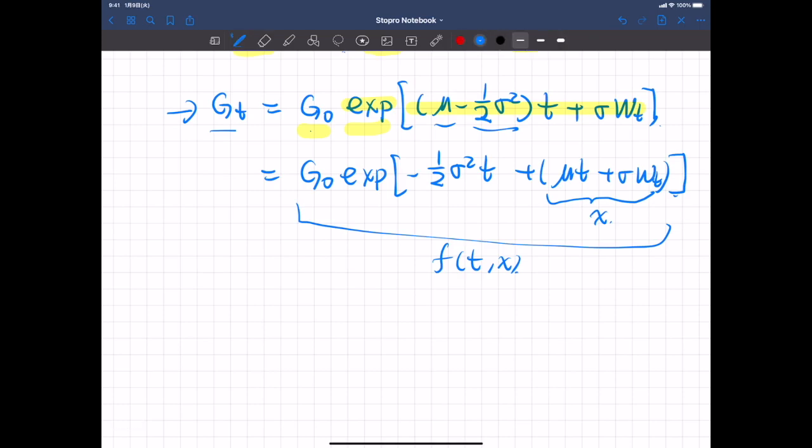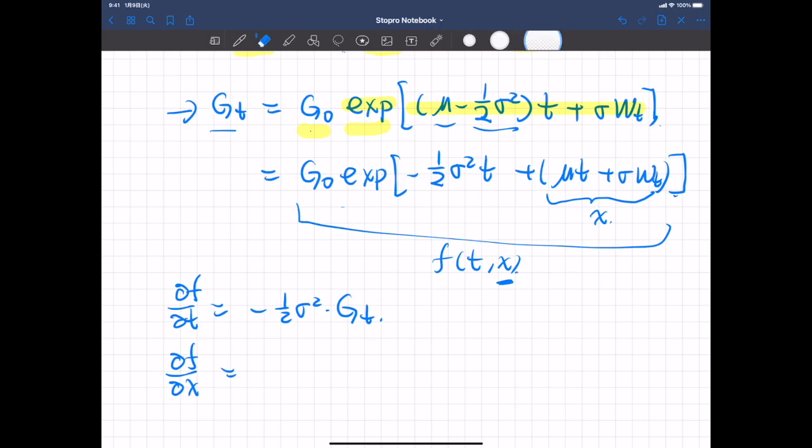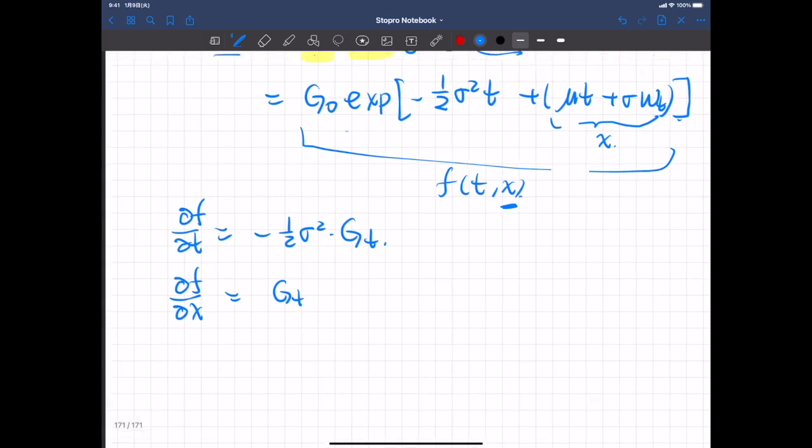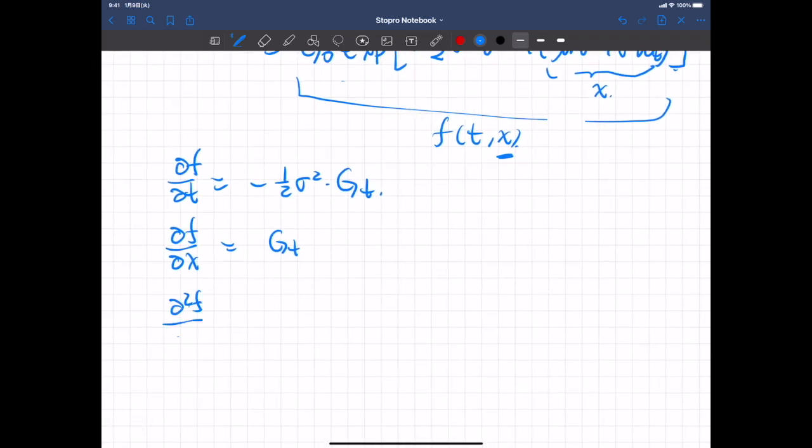If we differentiate f with respect to t, we have this exponential function, so negative 1/2 sigma squared times Gt. If we differentiate with respect to x, it's just an exponential function with no coefficient in x, so it's just Gt. And of course, the second derivative with respect to x is again Gt.